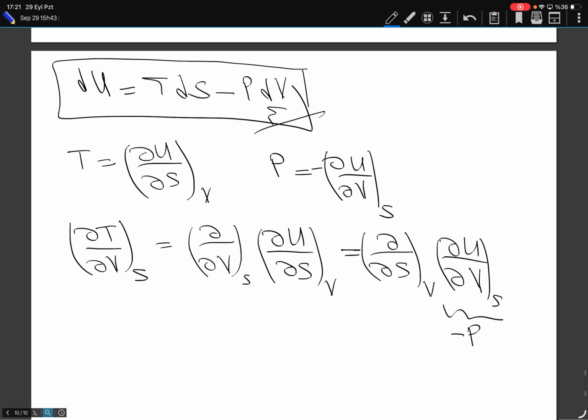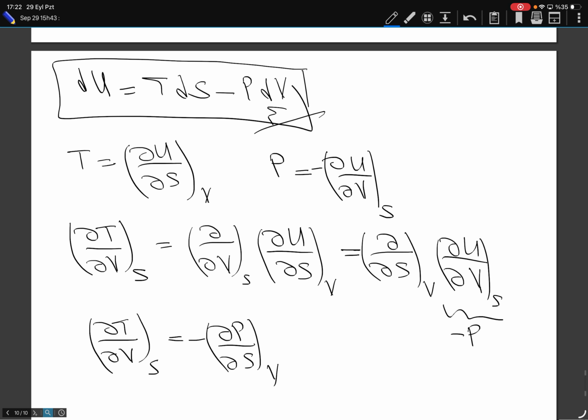So derivative of temperature with respect to volume at constant entropy, you can also read this as the dependence of temperature on volume in an adiabatic process, because an adiabatic process is a process that keeps entropy constant. That's the more precise definition of an adiabatic process. The entropy should be constant. This is equal to minus the derivative of pressure with respect to entropy at constant volume.